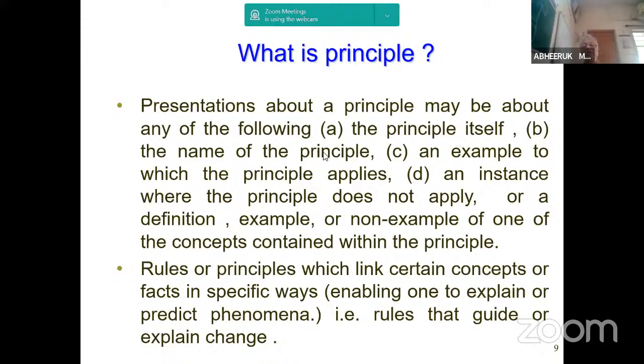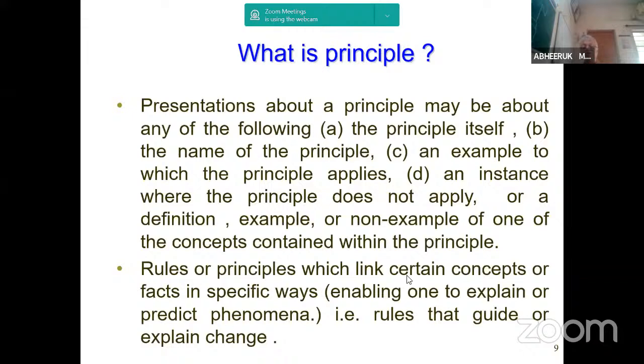Then you give the name of the principle. Suppose Newton's first law: you state Newton's law, then you give examples where it applies, the application of that principle, and instances where it does not apply. This way you can teach the principle.